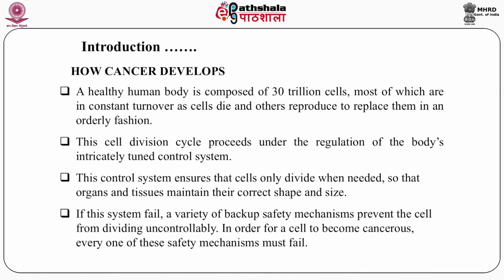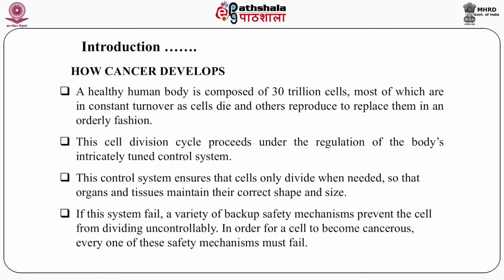How does cancer develop? A healthy human body is composed of 30 trillion cells, most of which are in constant turnover as cells die and others reproduce to replace them in an ordinary fashion. This cell division cycle proceeds under the regulation of the body's instinctively tuned control system.